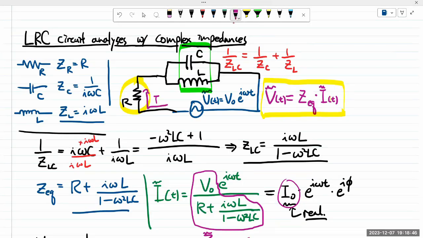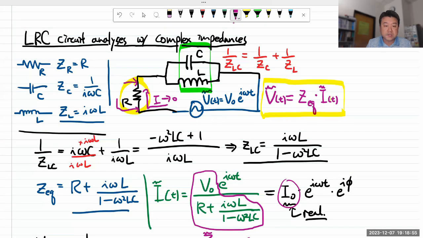If the current flowing through the circuit approaches 0 at that frequency, then the voltage drop across the resistor will go to 0, which means all of this voltage being provided will be measured across this combination only. So you can look at the resonance for this circuit in this way: that's the frequency at which you will measure the maximum voltage across this circuit element.